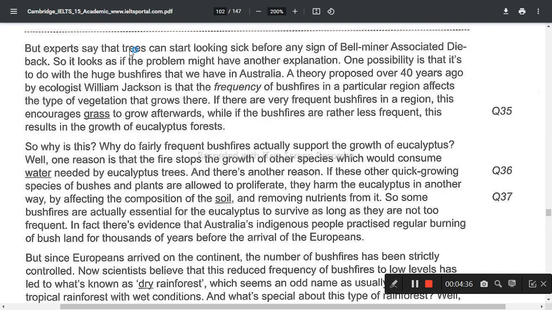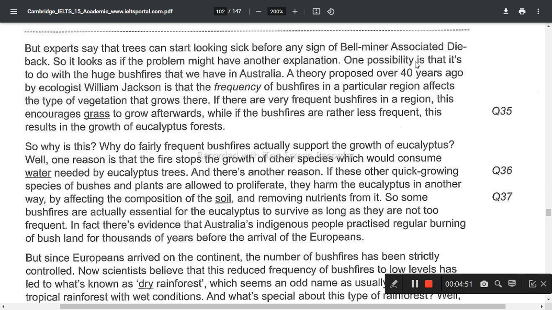But experts say that trees can start looking sick before any sign of bell miner associated dieback. So it looks as if the problem might have another explanation.